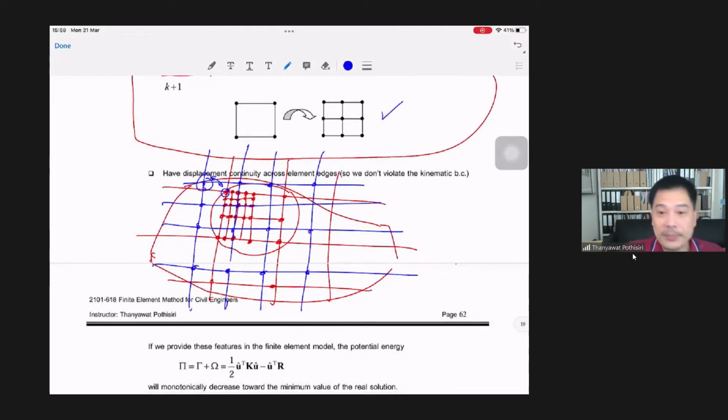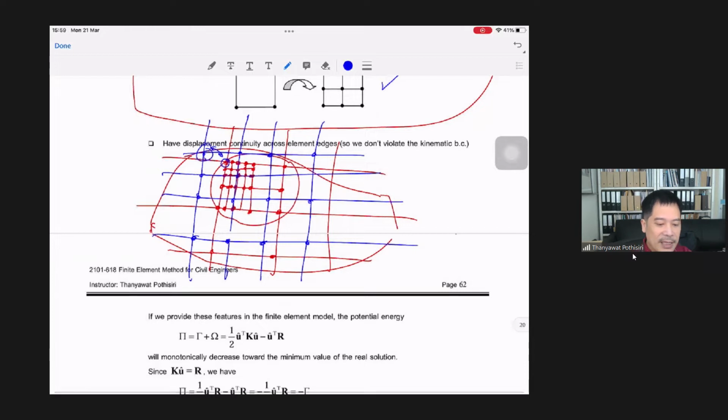So what happens when you get closer to the exact solution? When you get closer to the exact solution, if you look in terms of the potential energy within your body, the potential energy should be minimized, based on the concept of energy.